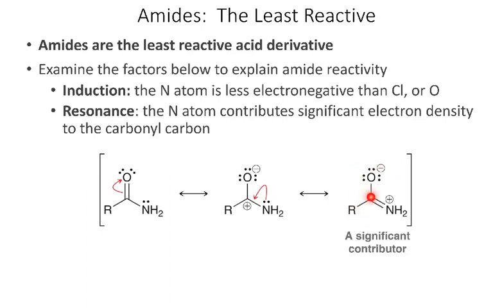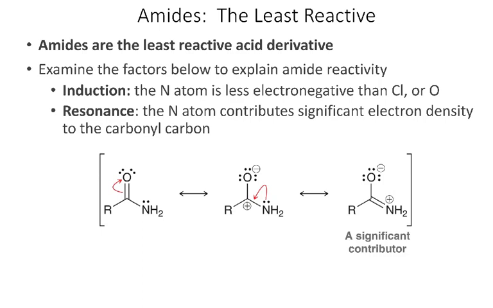The size of the p orbitals on the carbon and the nitrogen atoms are relatively similar. That allows for effective overlap, so we can make this pi bond. As a result of resonance, the nitrogen donates some electron density back to the carbon atom as a result of this double bond character from this third resonance contributor.